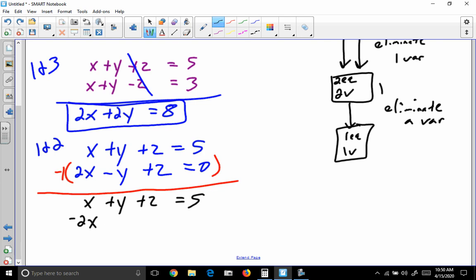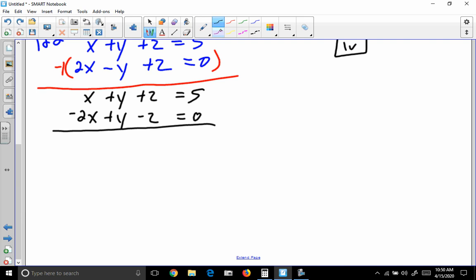Negative times negative is positive y minus z. Negative times 0 is 0. So now notice our z's cancel. Z minus z cancels. 1 minus 2 is minus 1x. y plus y is 2y, and then we get 5 on the other side. So that gives us another equation that has x and y.